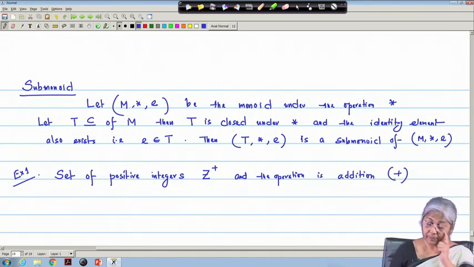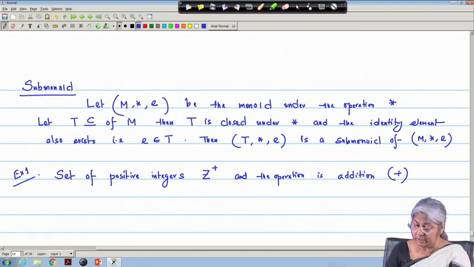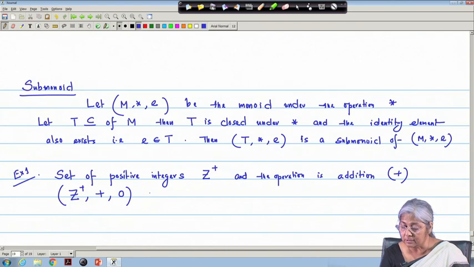Okay. Now, already we have seen that Z plus under this operation is a monoid, and my identity element, the additive identity, is 0, which exists. So, this is a monoid.